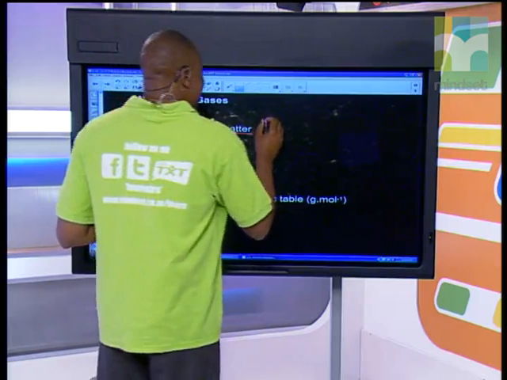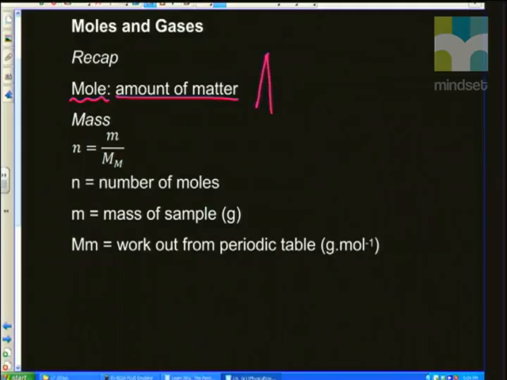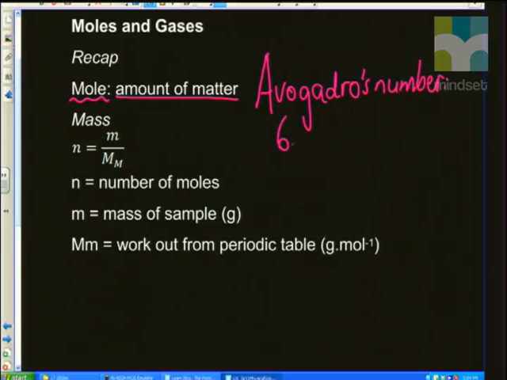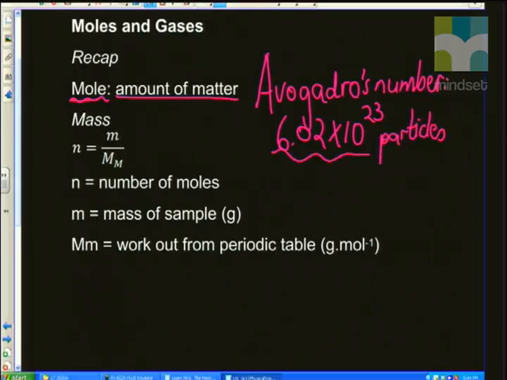Remember that if we have Avogadro's number of particles of anything, then we have a mole. Those particles should be 6.02 by 10 to the 23 particles, whether we've got molecules of a gas or whatever. If it amounts to that number, we've got a mole. So it is just an amount of matter.